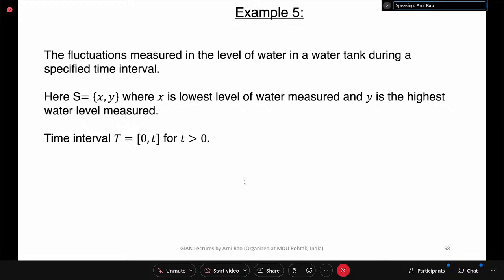Any stochastic model in the world, any kind of experiment, any kind of things, will come under these 4 categories. There is no other category.